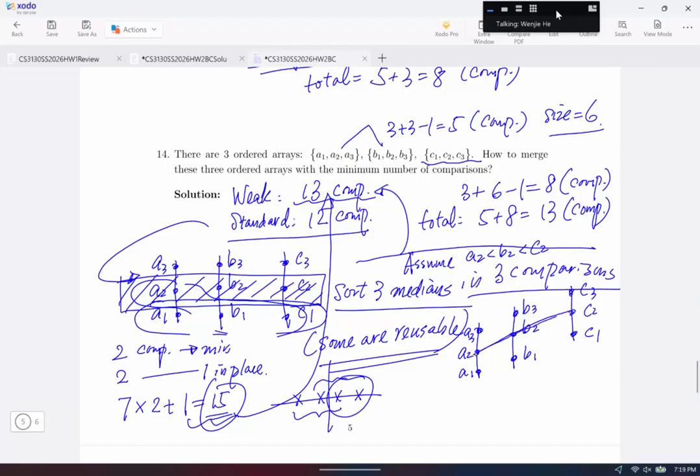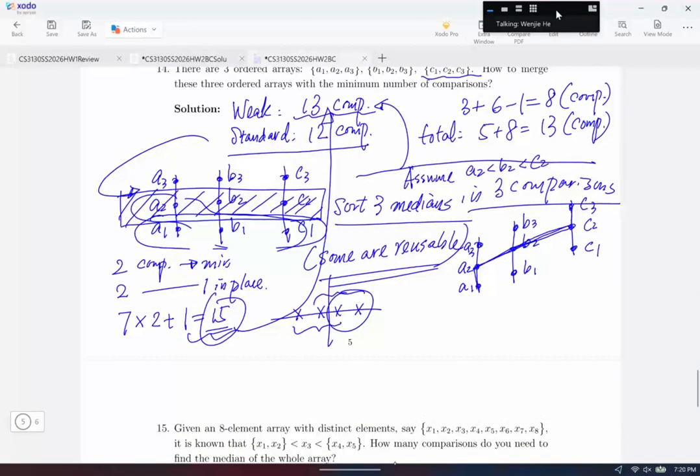Sorted ascending order. Then, what is the longest ordered chain? This is the longest ordered chain. So let me draw this longest ordered chain.